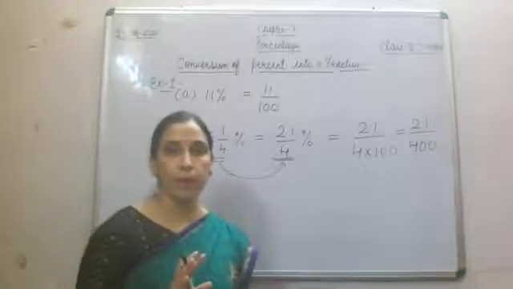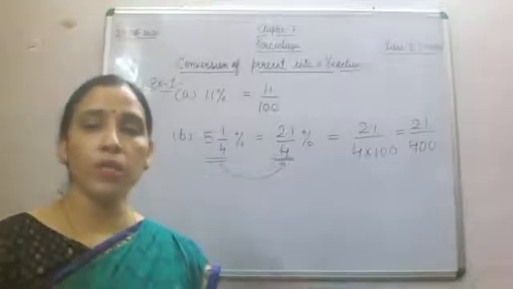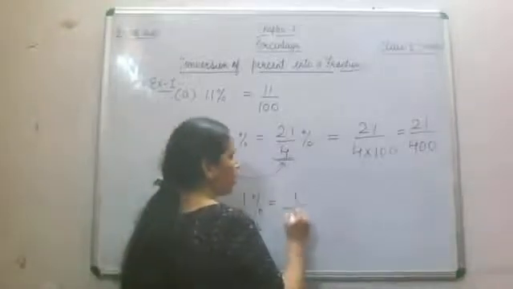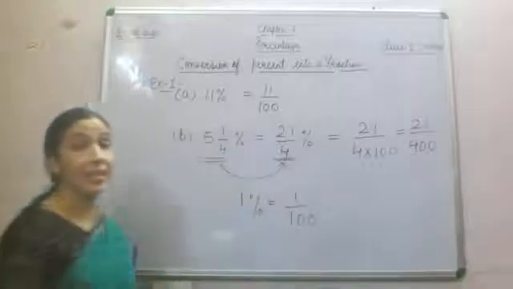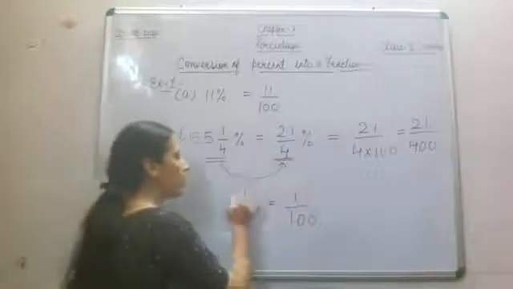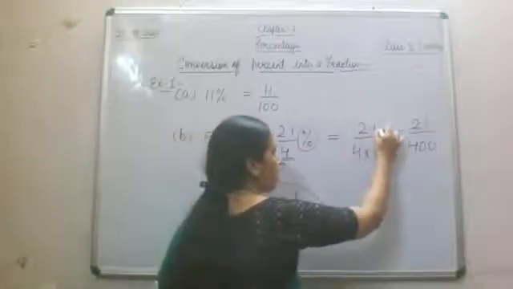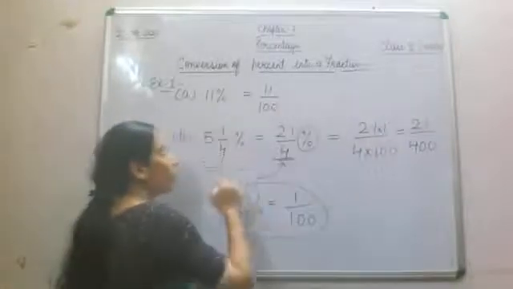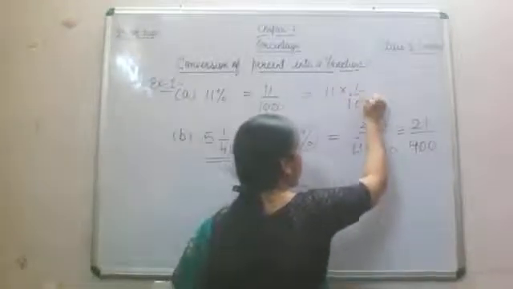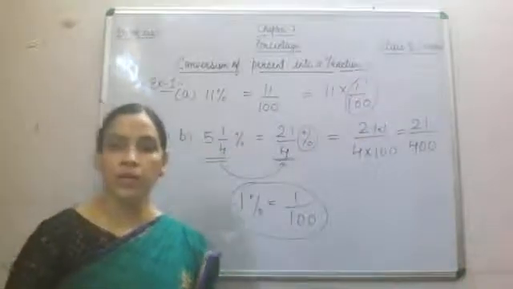We did this because 1% represents one 100th. That's why we removed the percent and multiplied by 100. Here also 11 will be multiplied by 100. 100th, that is percent.